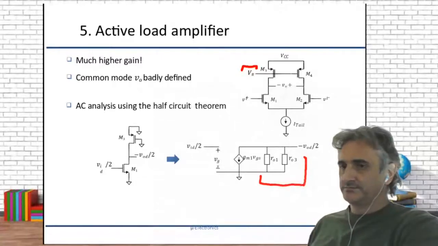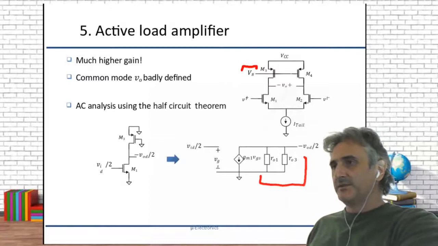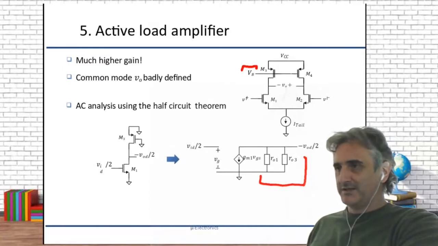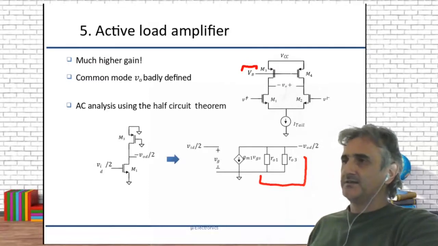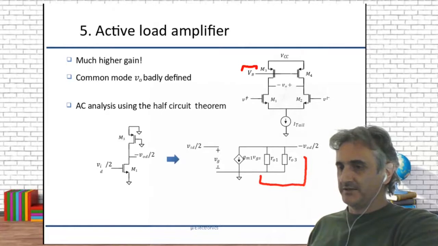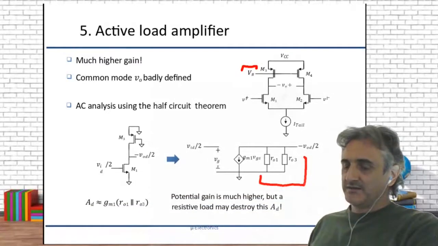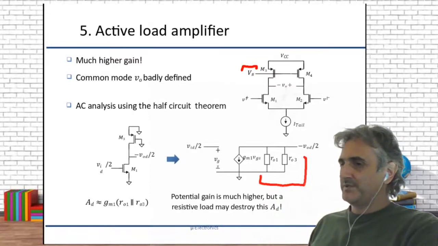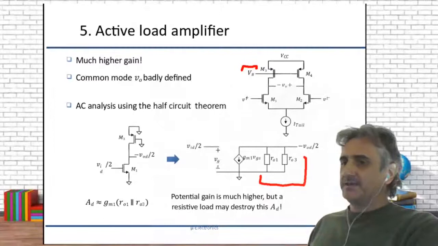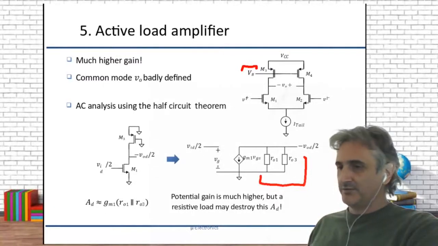Just by adding an external bias, an external voltage which needs to be generated. So in this case, the potential gain is much higher. But anyway, it can be destroyed by a resistive load.